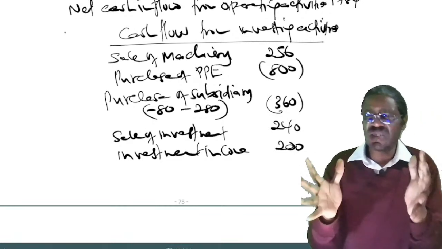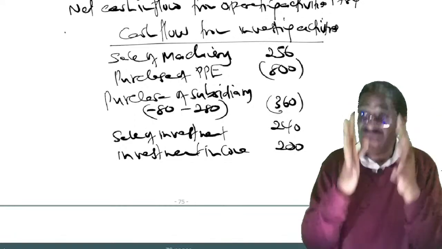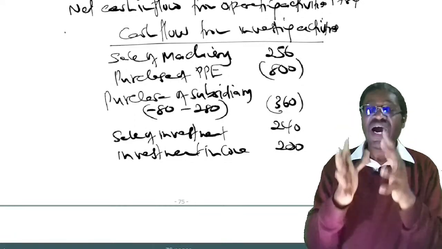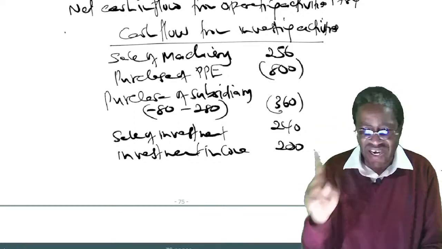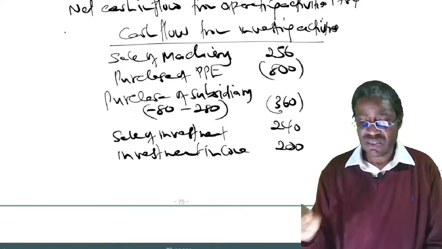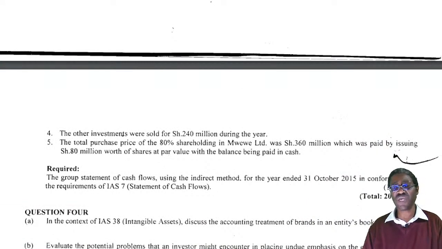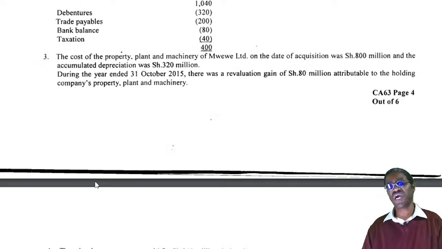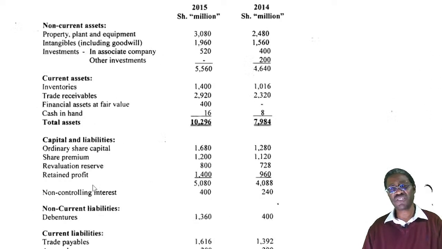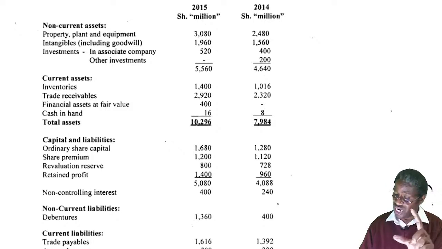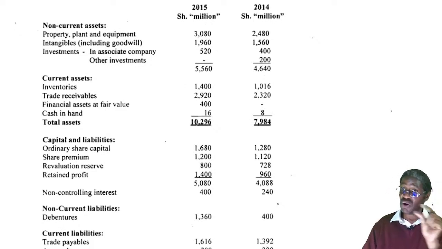Investing activities are those transactions that affect fixed assets. So you can go to the balance sheet and look at what fixed assets we had and what effect we had. I can see we have property, plant, and equipment. That one we have already analyzed. It helped me get the cash paid to acquire new ones.